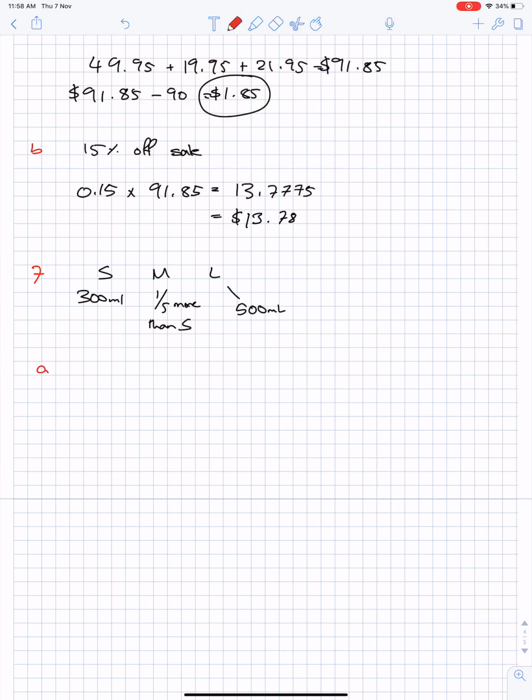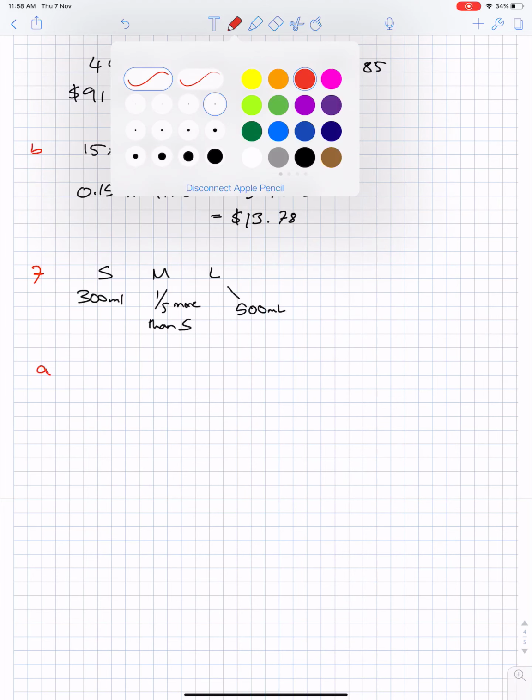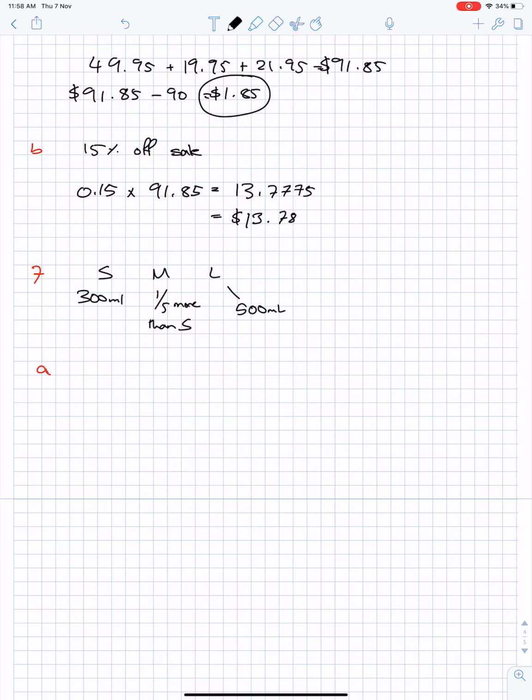Question A is asking, how much does the medium thick shake contain? So the medium thick shake has 1/5 more than the small shake, right?